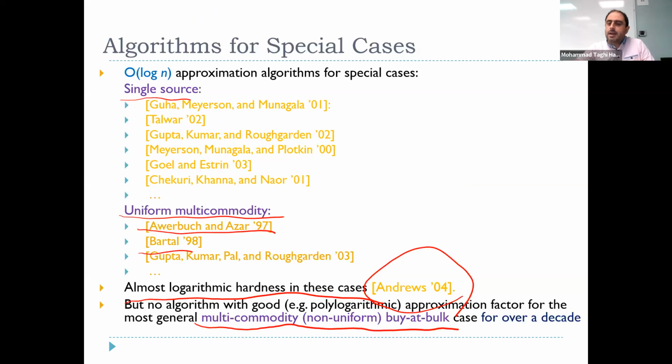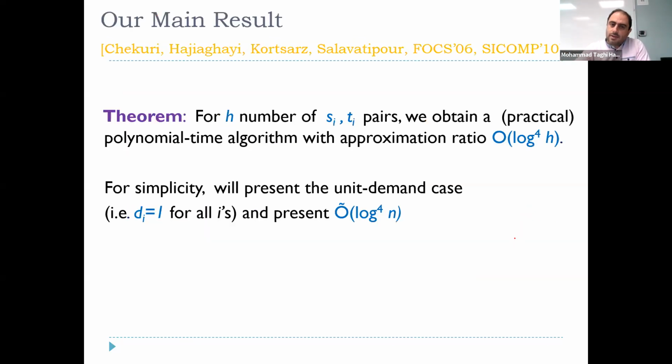There was a paper actually by Moses Charikar. They got something like 2 to the square root of log n, if I remember correctly. But there was no polylog approximation. And that was very complicated essentially. So until this result that we had in FOCS 2006 and SICOMP 2010, that you can get this one.